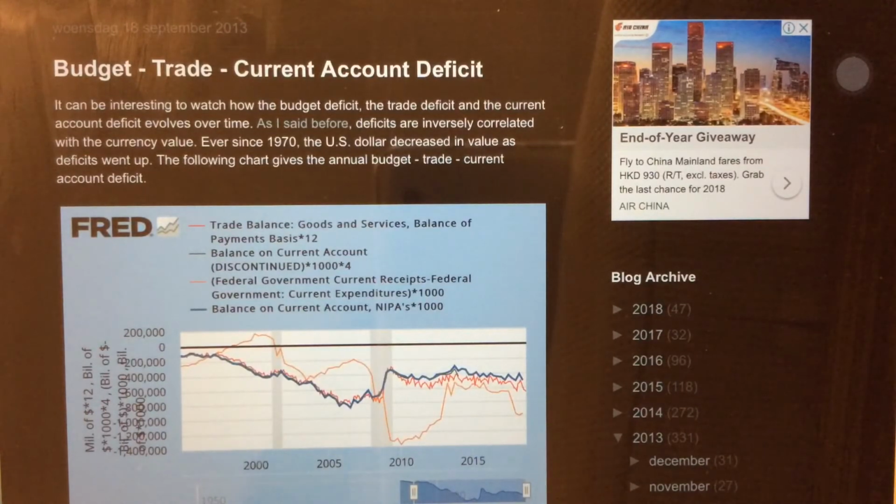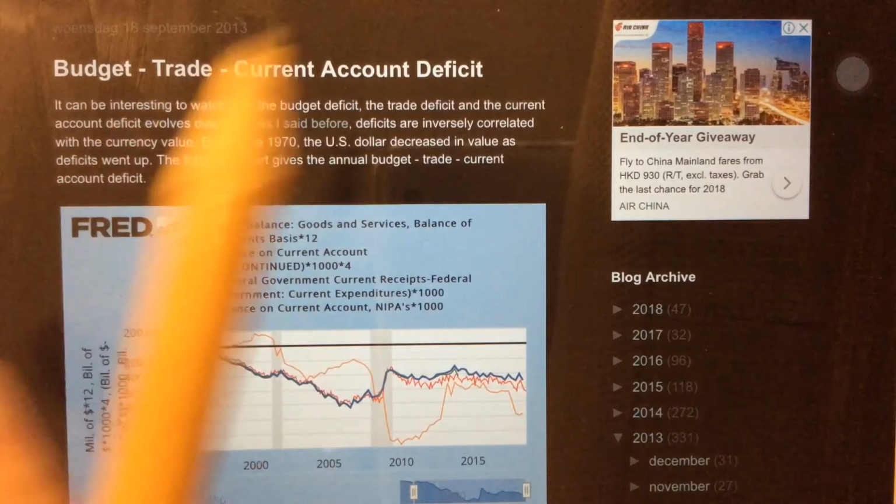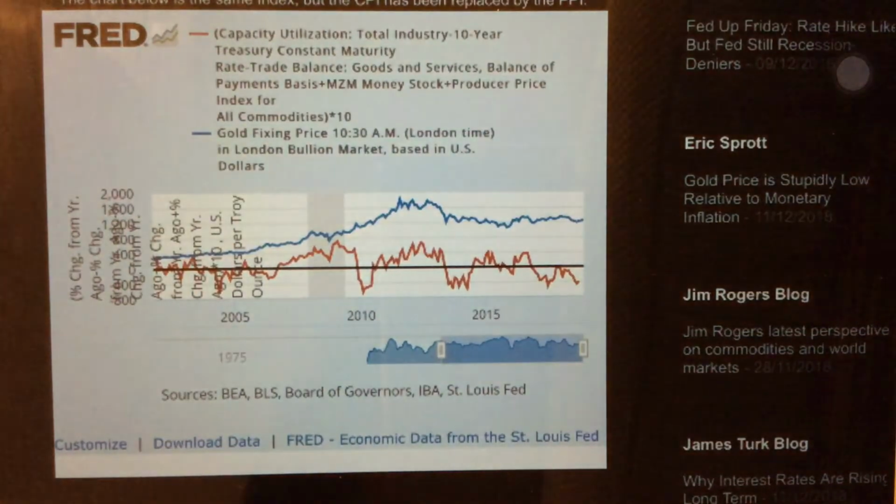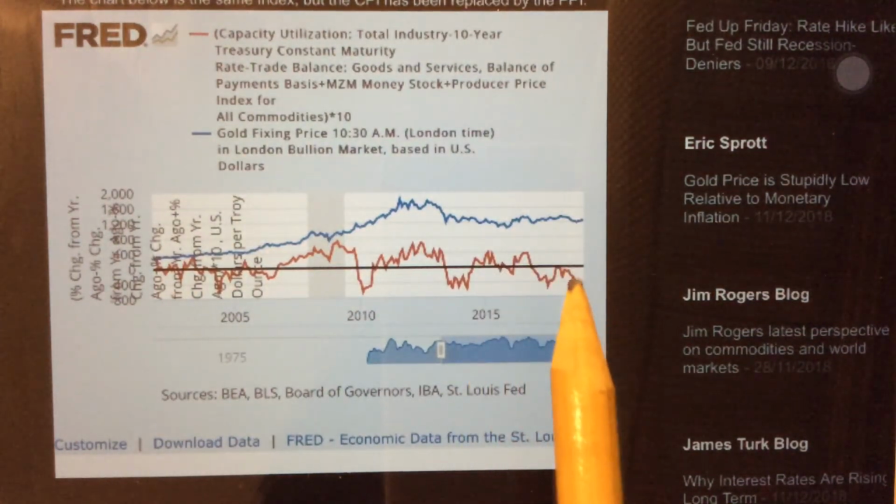So we have a mixed set of indicators now. Some are good, some are less good, or even negative, and that tells us that we have more negative than positive indicators.